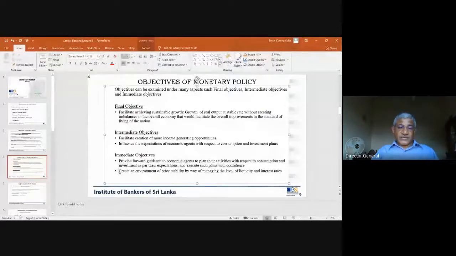Everything, starting from a housewife in a kitchen to a big organization, everybody has one common concern. The same way that everybody uses money, as we discussed earlier, irrespective of whether they are poor people in rural areas or very rich people and business enterprises in urban areas, they all use money.